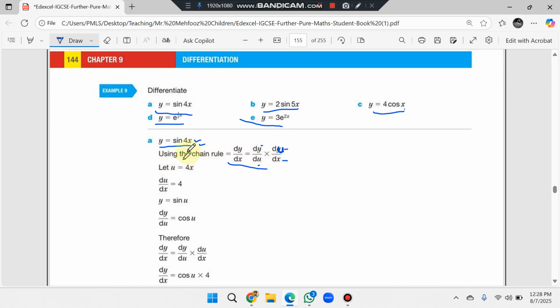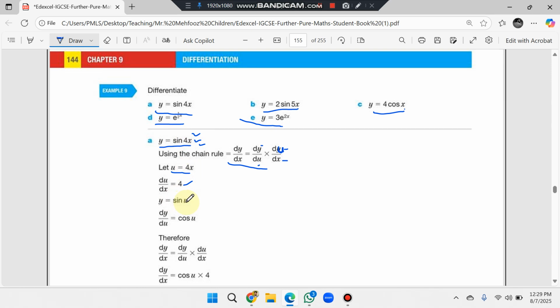So let u is equal to 4x, and the derivative of u with respect to x, du by dx, will become 4, and also y is equal to sine u, because when we put the value of 4x, that is u, into this equation, it will become y is equal to sine u.